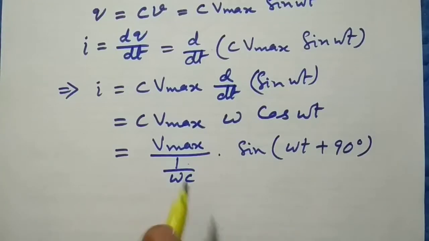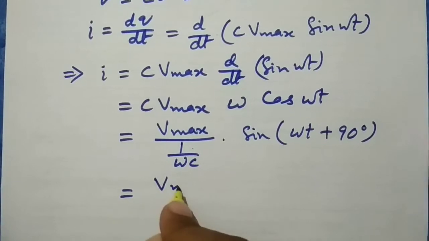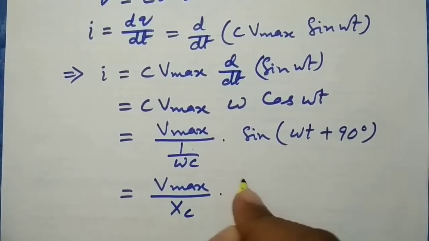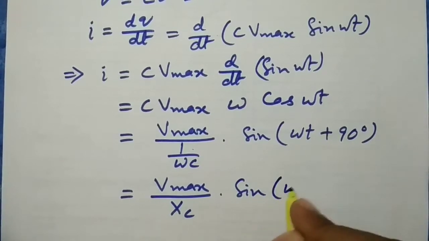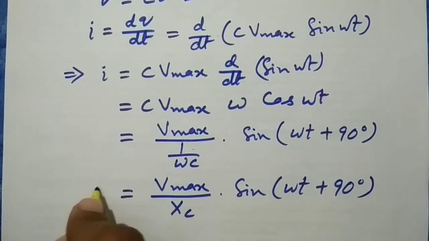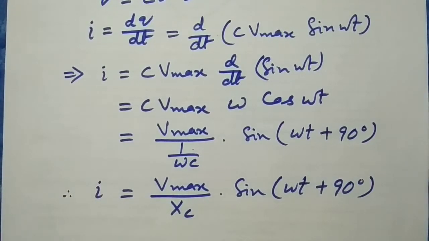Now 1 upon omega C is represented as Xc, that is the capacitive reactance, so it can be written as V max upon Xc sin(omega t plus 90 degrees). So this is the expression of the instantaneous current flowing through a capacitive circuit.